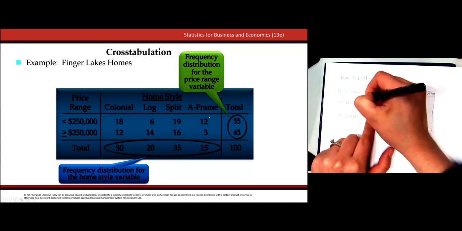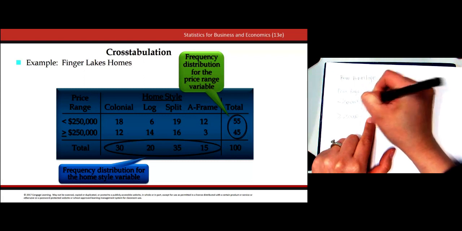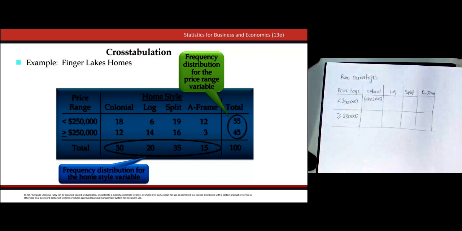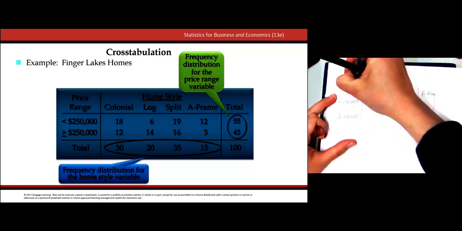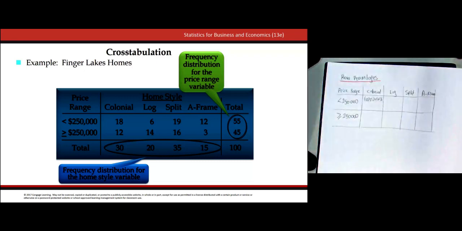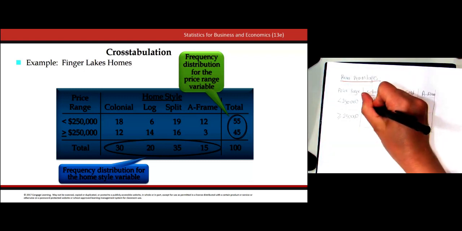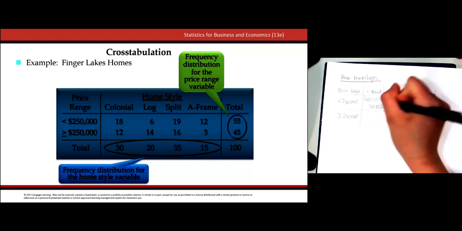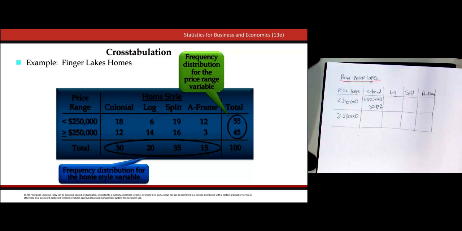So then it is 18 out of 55 times 100%. First we will obtain the row percentages, then we will look at the column percentages, which is 32.72%.